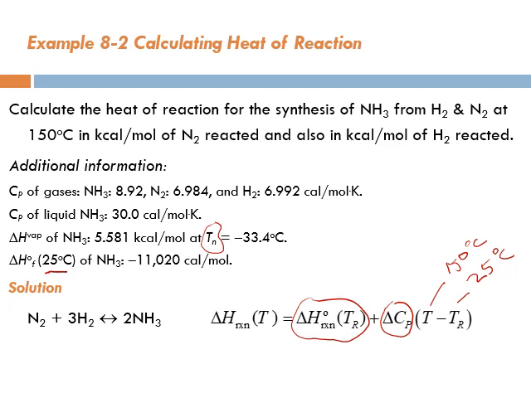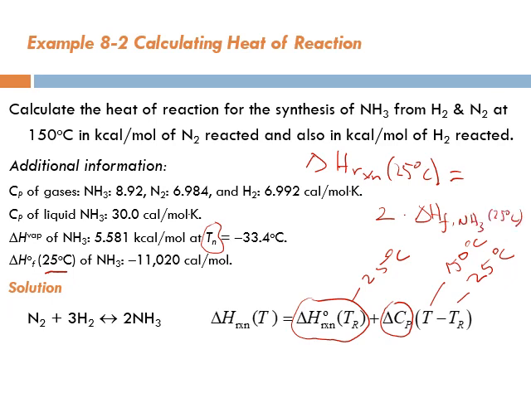So how do you calculate the standard delta H reaction at 25 degrees C? Well, you calculate it from the delta H formation. So the delta H reaction at 25 degrees C equals, what does it equal? 2 times delta H formation for ammonia at 25 degrees C, correct?